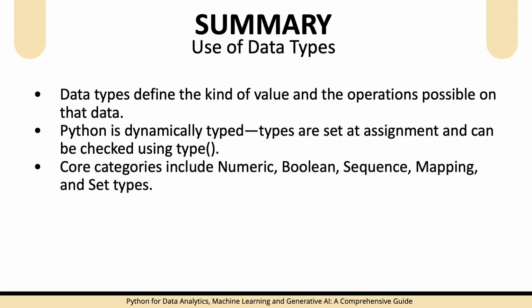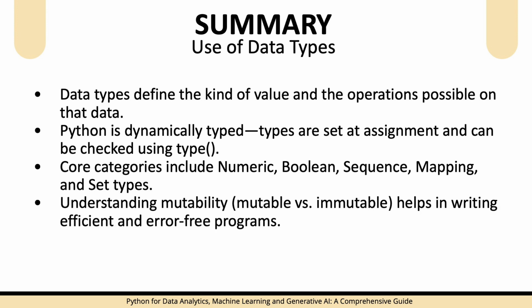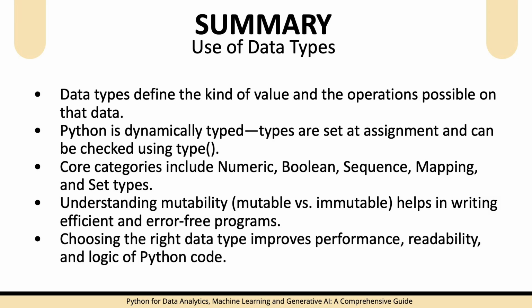Python's core data types include numeric, Boolean, sequence, mapping and set types. Understanding which types are mutable and which are immutable helps us write efficient and error-free programs. Ultimately, selecting the right data type enhances performance, readability and the overall logic of Python code.